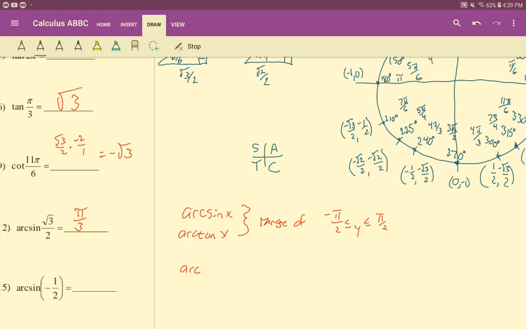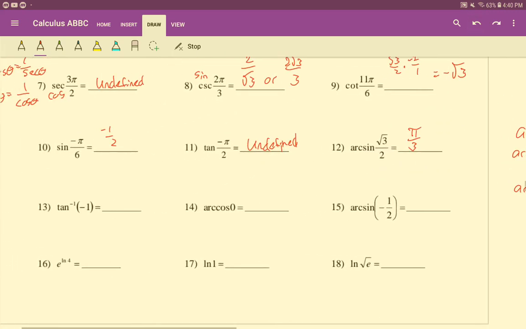Whereas arc cosine has a unique range of 0 to pi. So when you answer an arc sine or arc tangent question, you have to give your answer between negative pi over 2 and pi over 2. If you're answering an arc cosine question, you have to answer for an angle that works between 0 and pi. So let's continue here and take a look at how that's going to work out.